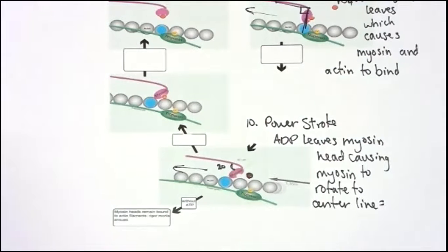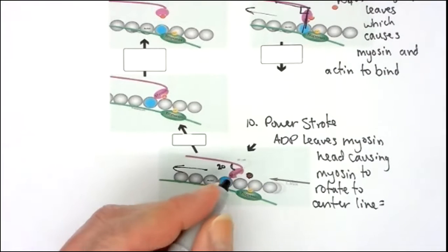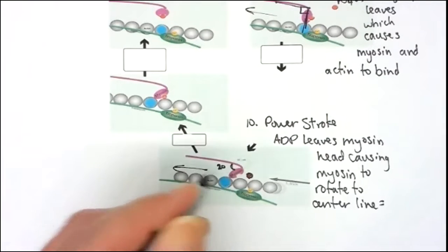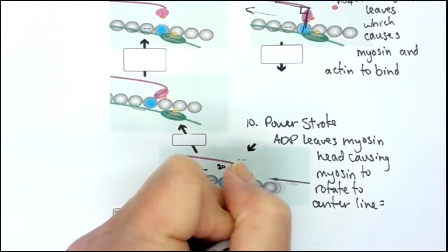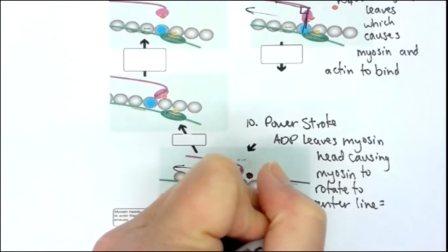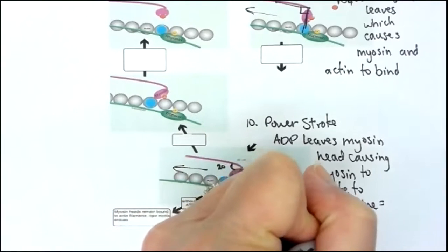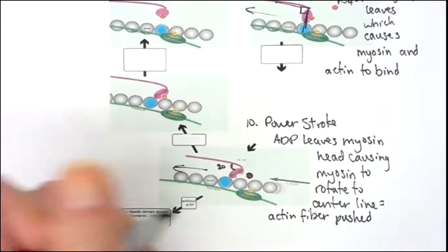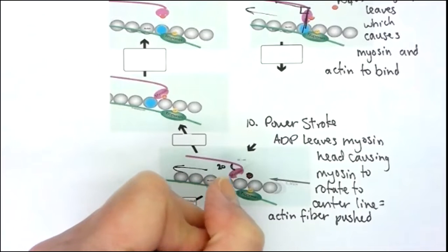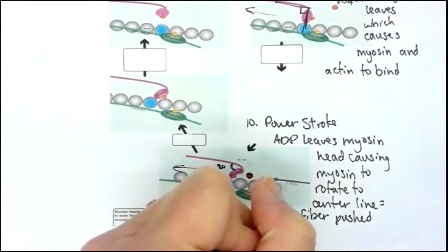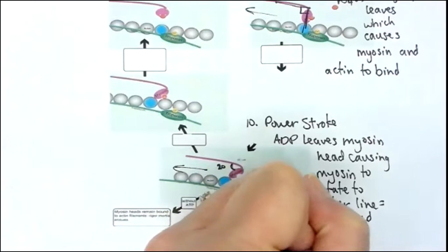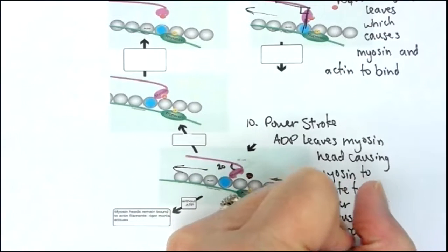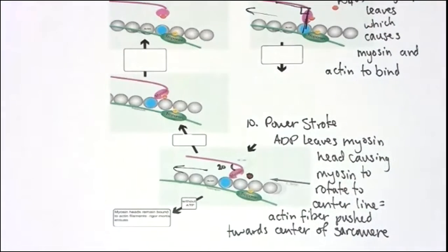This doesn't move. The only thing that moves is this myosin head, but the whole actin fiber is pushed towards the center of the sarcomere. Every myosin head that moves requires an ATP.